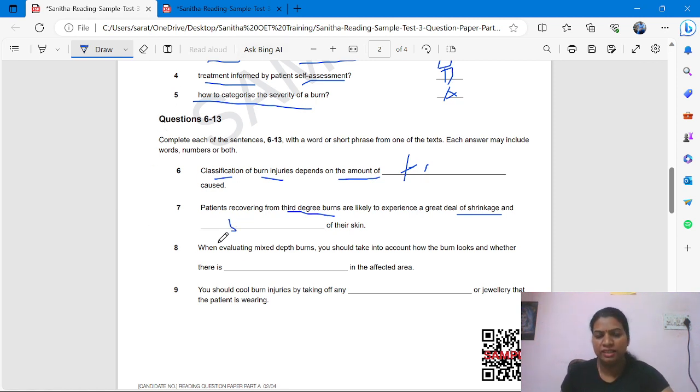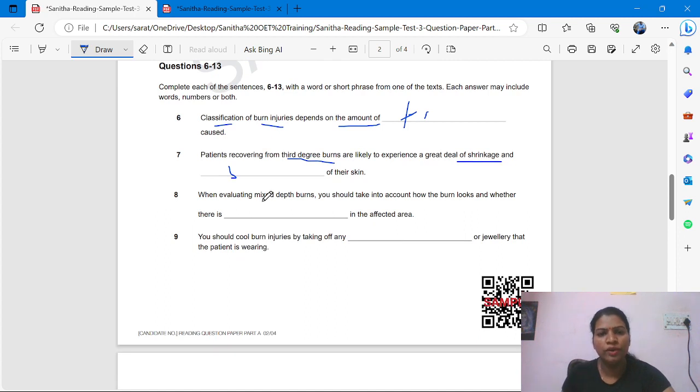Scarring. Next question. When evaluating mixed depth burns, we have to find the keyword, mixed. This is the keyword; you will get the answer from here. Mixed depth burns. You should take into account how the burn looks and whether there is sensation in the affected area.